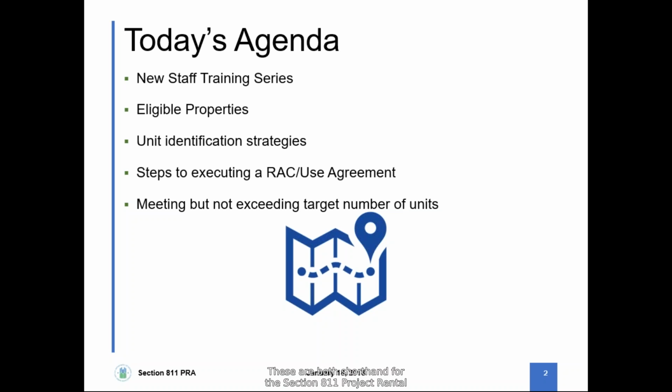These are both shorthand for the Section 811 Project Rental Assistance Program. The 811 PRA program is a long-term project-based subsidized housing for extremely low-income people with disabilities. Funds were awarded to state housing agencies to administer the program in partnership with the State Services or Medicaid agency.